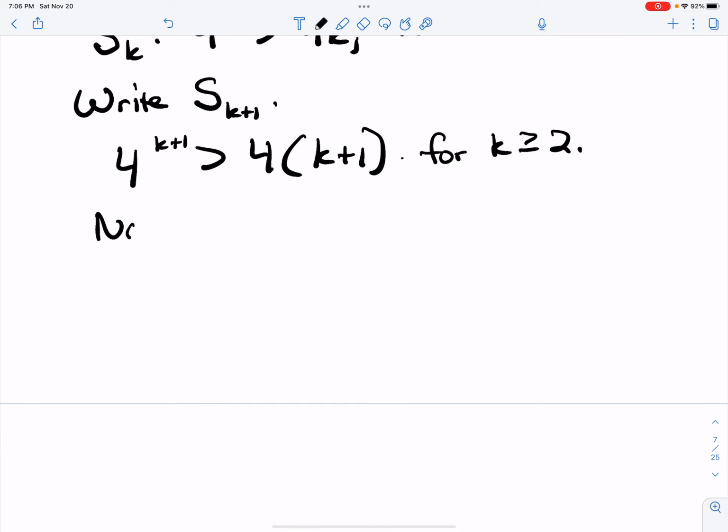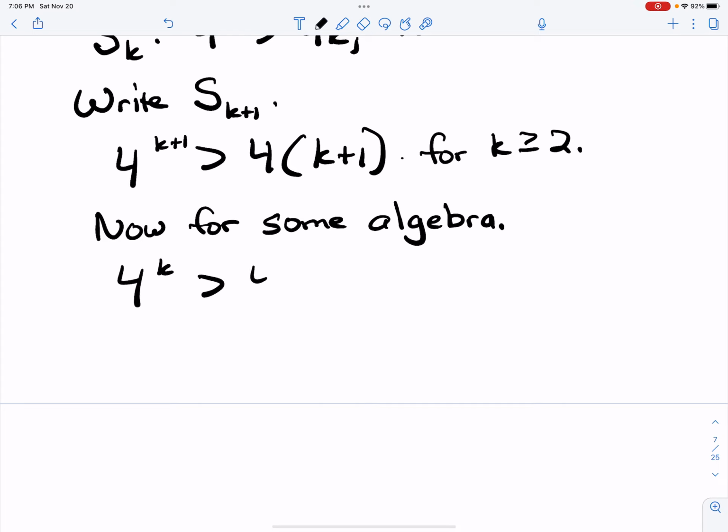So now for the algebra. Okay. Going back to 4 to the k being greater than 4k. All right, we're assuming that's true. So we need to somehow work this so that we get 4 to the k plus 1 on the left side.